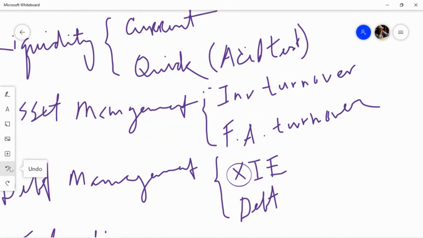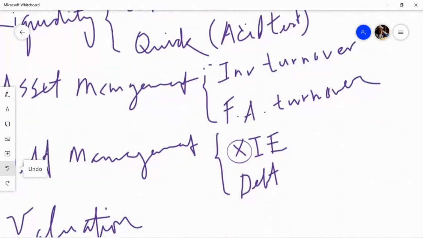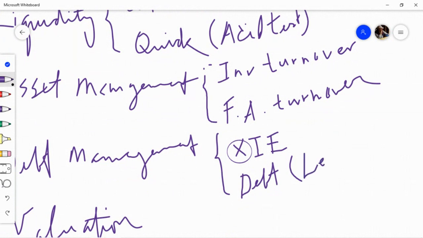Debt ratio or leverage or total debt to total assets ratio.